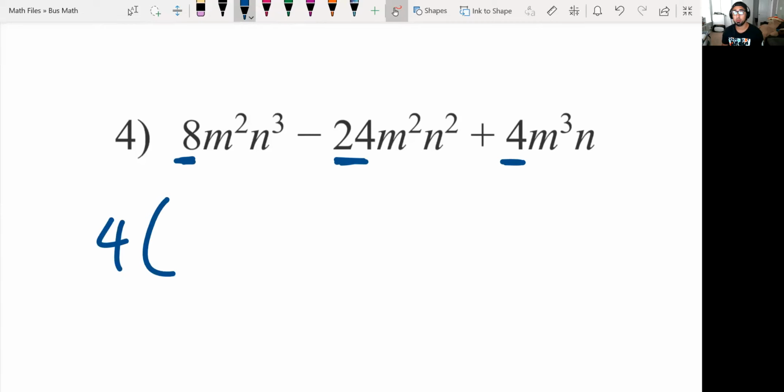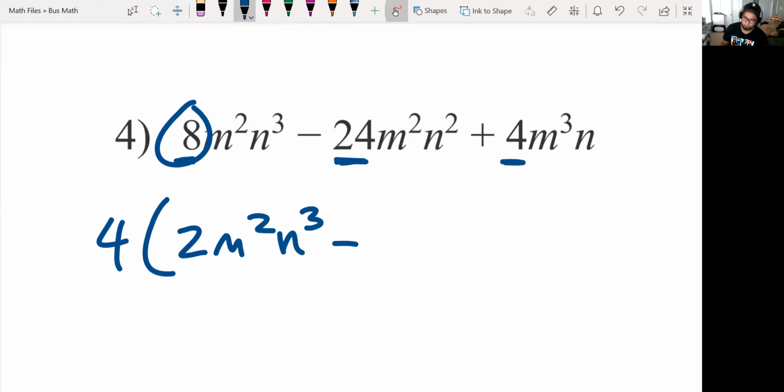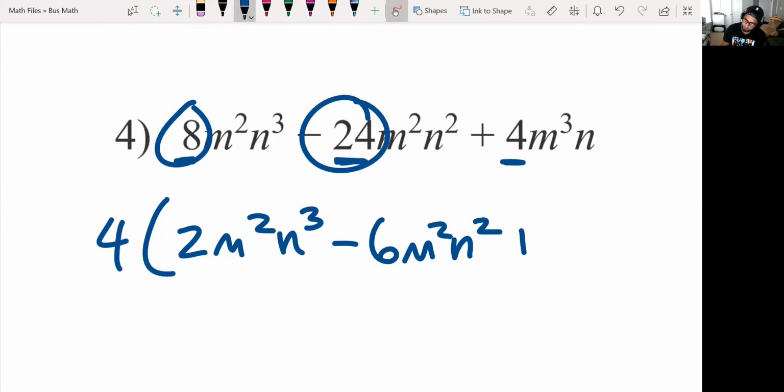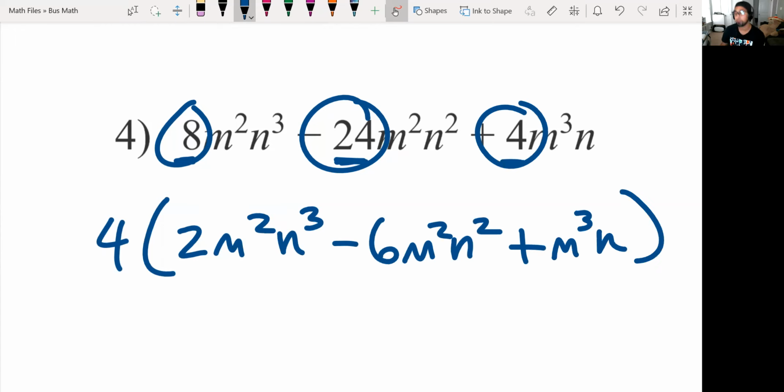If I factor a 4 out from each term, then 4 from 8 would give me 2m squared n cubed, minus 4 from 24 would give me 6m squared n squared, plus 4 from 4 would just leave me with m cubed n.